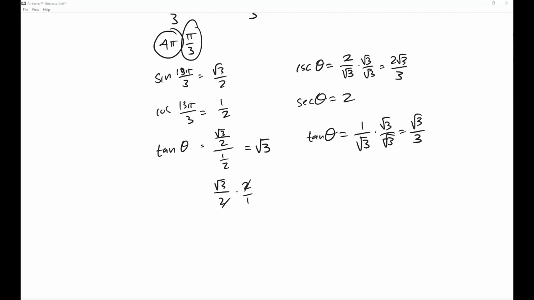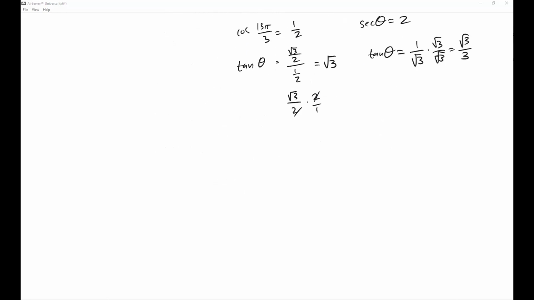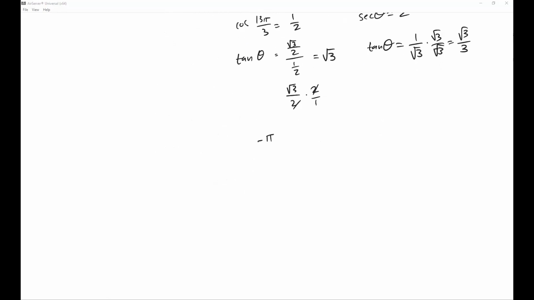All right. Negative pi over 3. If theta is equal to negative pi over 3, that is equivalent to what positive value? 5 pi over 3. And if you get the sine of theta and cosine of theta, the sine of 5 pi over 3 is negative radical 3 over 2.